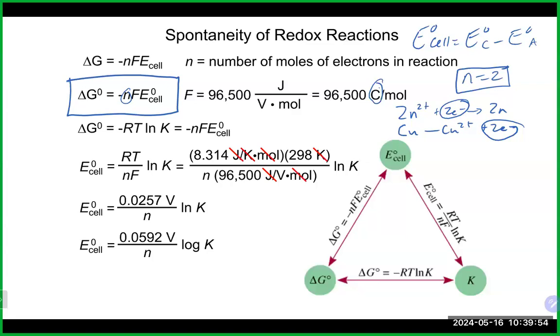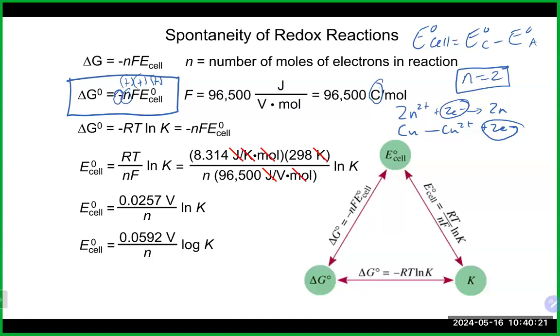And it is negative FE. So this is also why a positive cell voltage is good, because N is a positive number, F is a positive number, and if you get a positive number for E with this negative in front, that's going to turn your delta G into a negative, and a delta G that's negative is a spontaneous reaction, right?